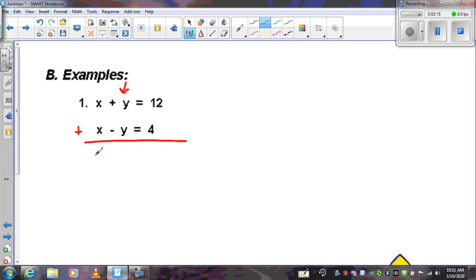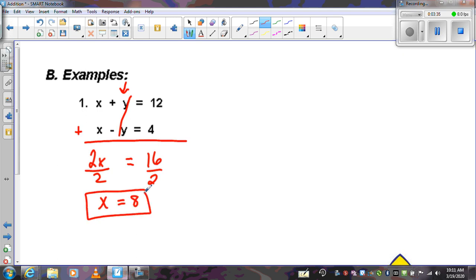So x plus x is 2x. But positive y minus y is 0. It's gone. These two have eliminated. Equals 16. Now divide both sides by 2, and you have x is equal to 8. It's part of your answer.